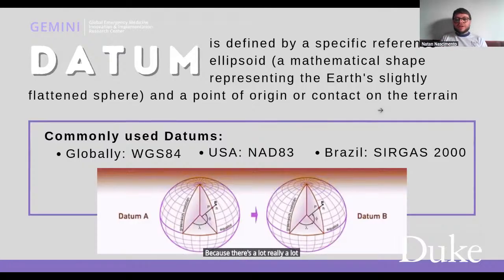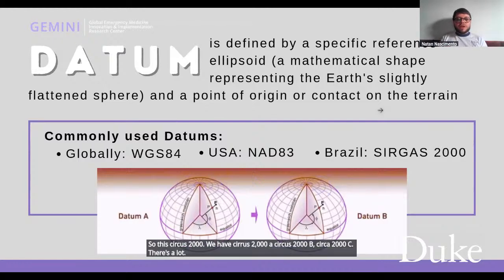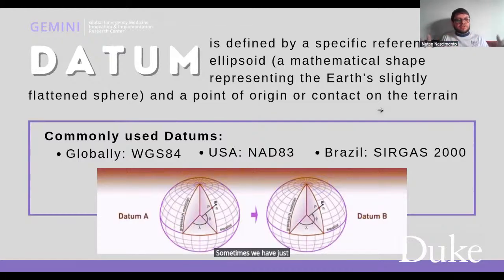And we have different ones like SIRGAS. So SIRGAS 2000, we have SIRGAS 2000A, 2000B, 2000C, there are a lot. Sometimes we have just the standard, sometimes we have more. We'll touch on that in a little bit.